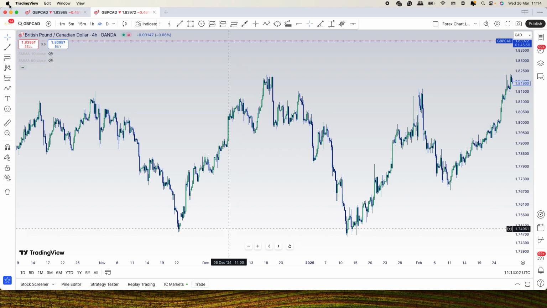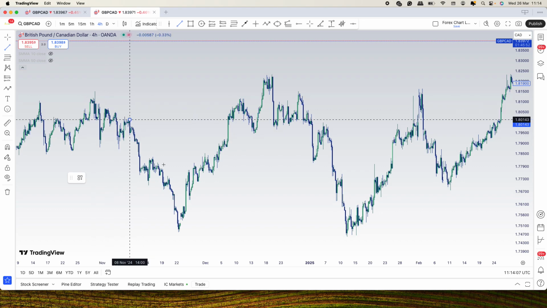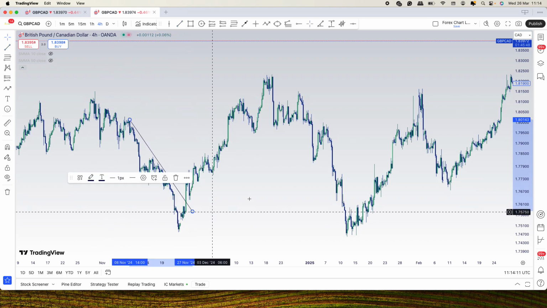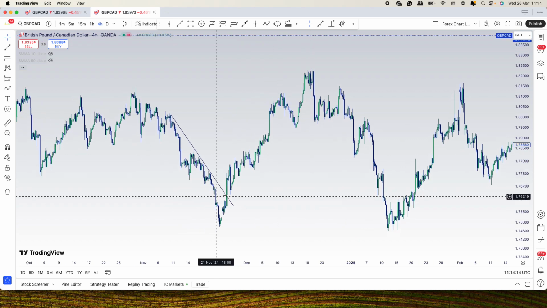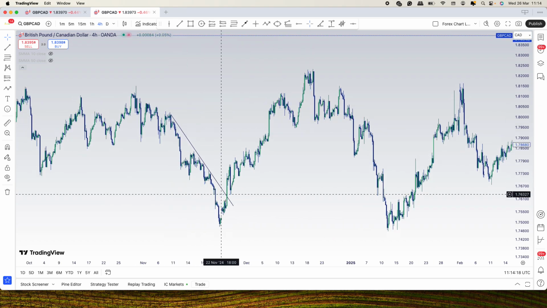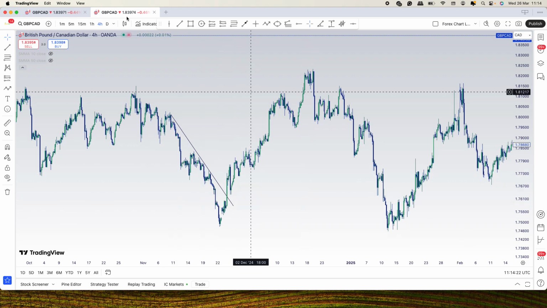Let's talk about the uptrend at the moment. If we look at the market, we can see that it has shifted. It's stopped moving down, and it's moving up. It's quite an aggressive uptrend.